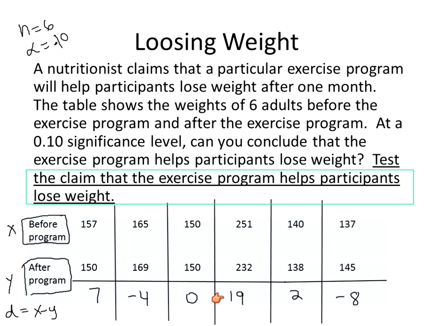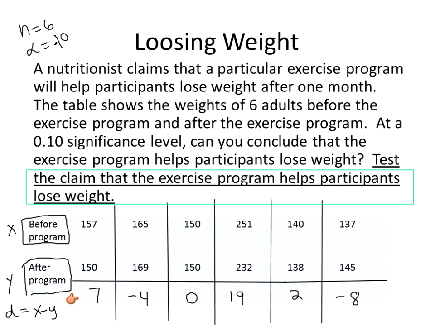When your before number is larger than your after number, your differences are going to be positive. So if there was any weight loss in this program, you'll notice that the differences are all positive. When there's weight loss, the differences are all positive. So this individual went from 140 to 138. So they lost weight. So the difference is positive when you do X minus Y. And this is very important to notice.